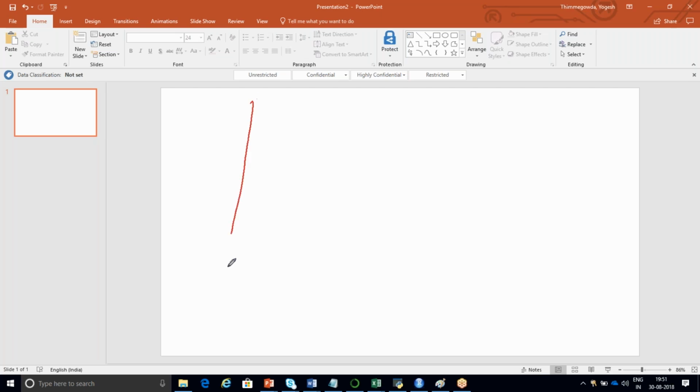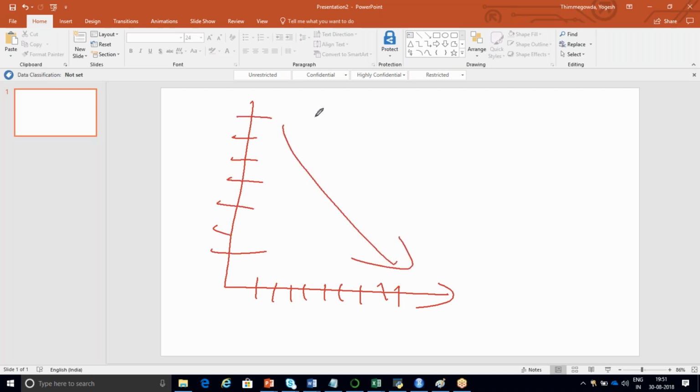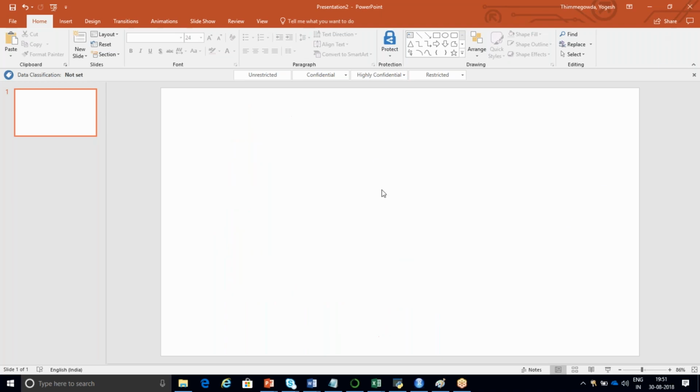Okay, so now let me give an example of negative correlation. As your speed increases, your mileage drops. X is your speed. If you increase your speed, your mileage drops. For positive correlation, let me take an example of calories intake.